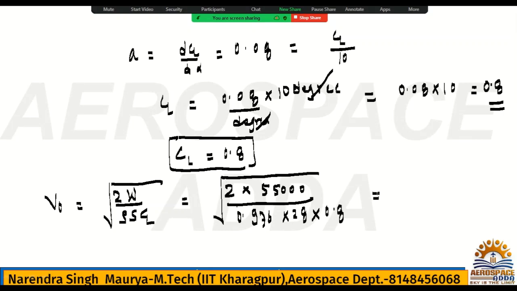If you solve this, check: 2 into 55,000 divided by 0.976 divided by 28 divided by 0.8. Take root of it, you will get 70.9.